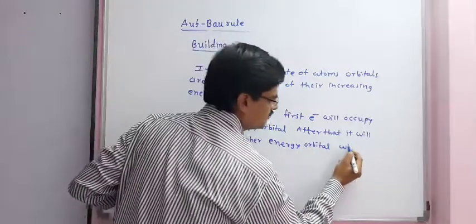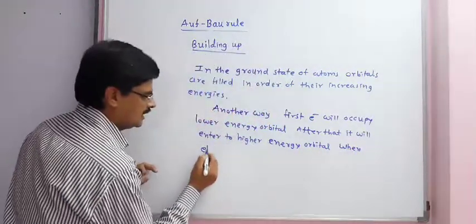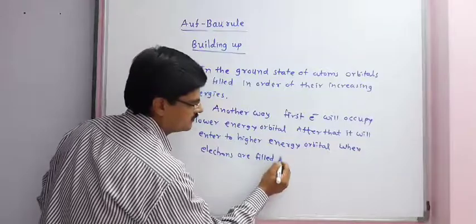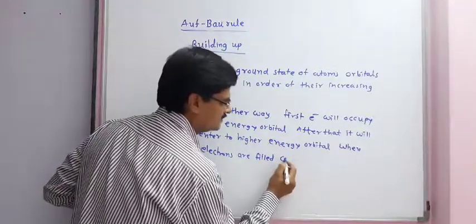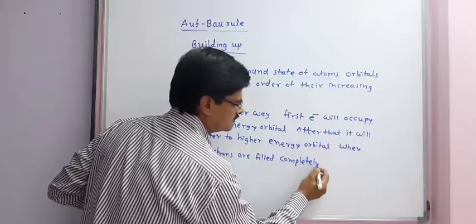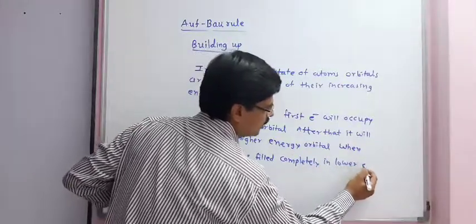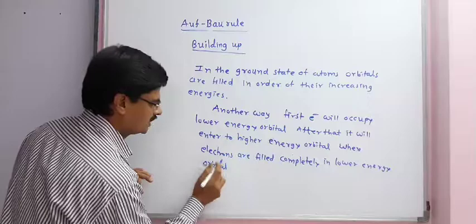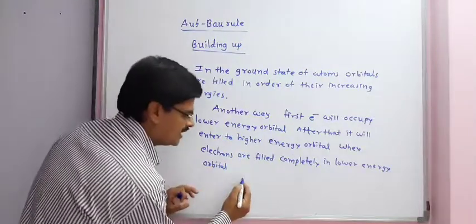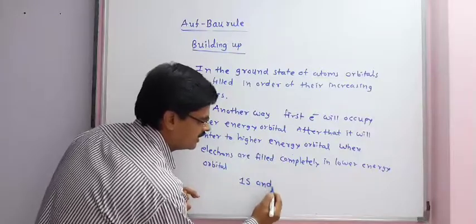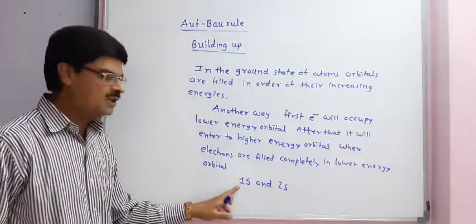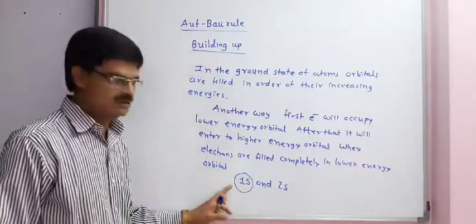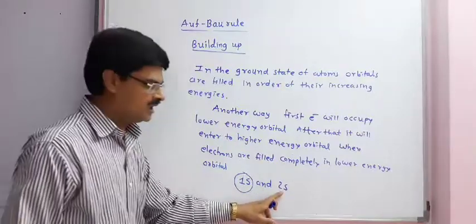When electrons are filled completely in lower energy orbital, it means if we have two orbitals like 1s orbital and 2s orbital, first electron will enter into 1s orbital, and after occupying 1s orbital, then only they will enter into 2s orbital, and so on.